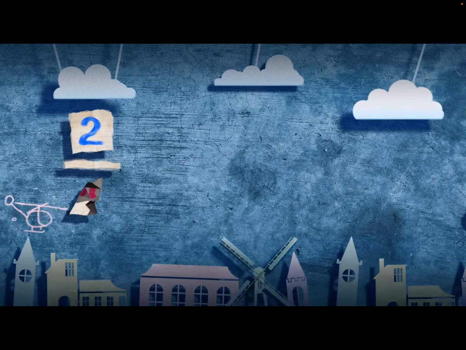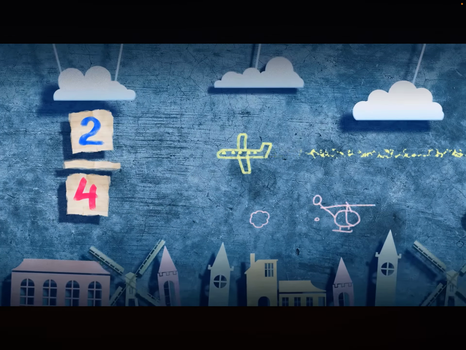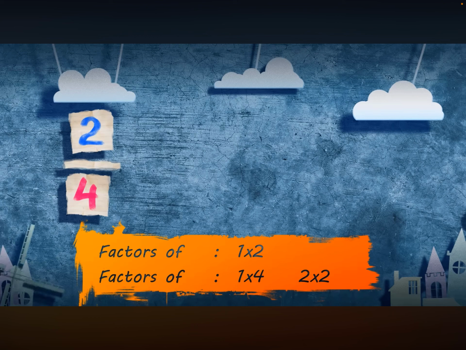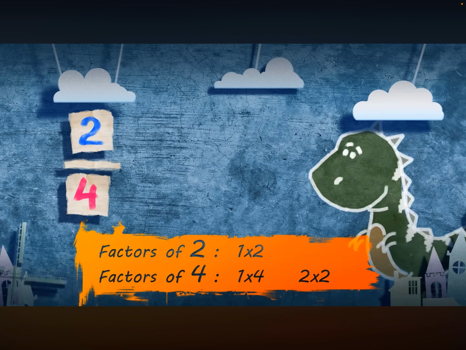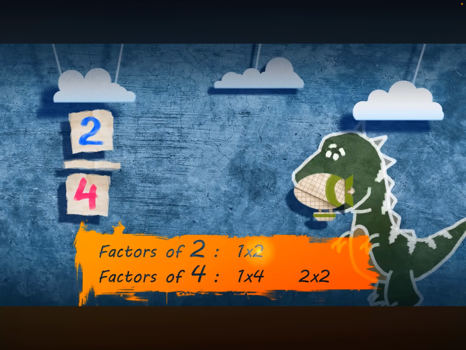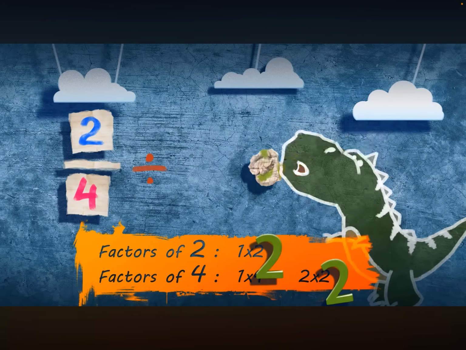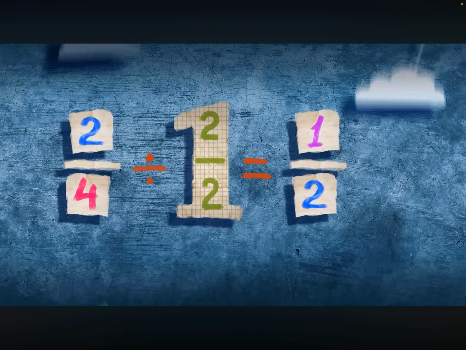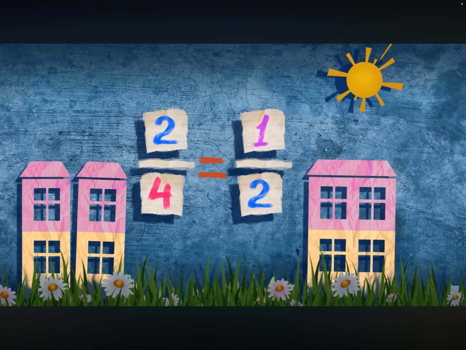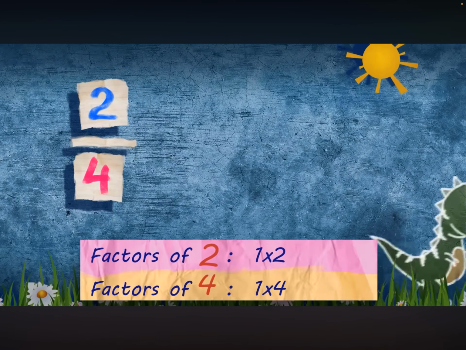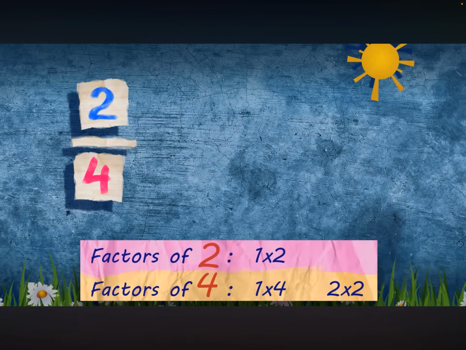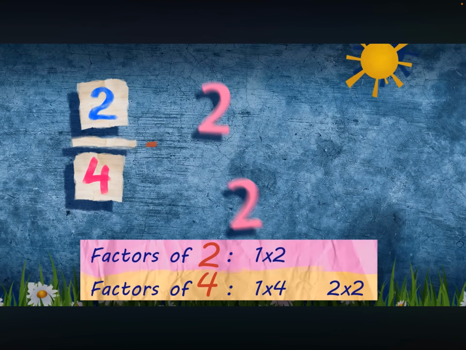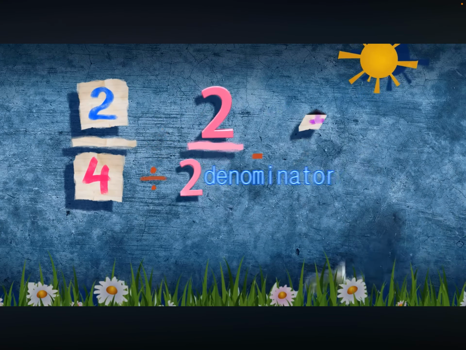To convert 2/4 to simplest form, write out all the factors of 2 and 4. The greatest common factor is 2, so divide them both by 2. 2/4 equals 1/2. To convert to the simplest form, we gotta find the greatest common factor, then take that numerator and denominator and divide them by that common factor.